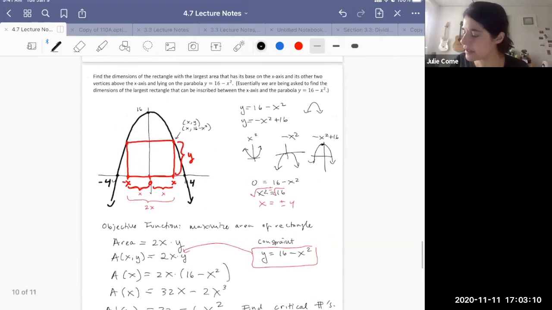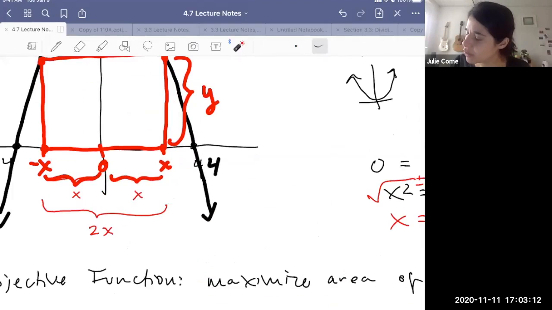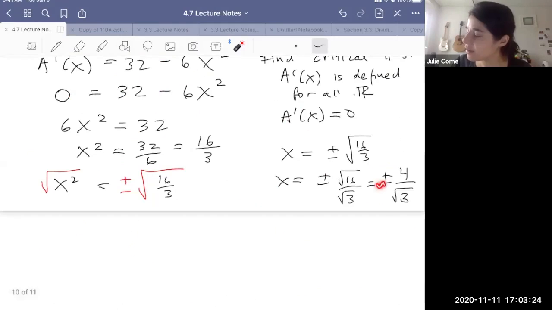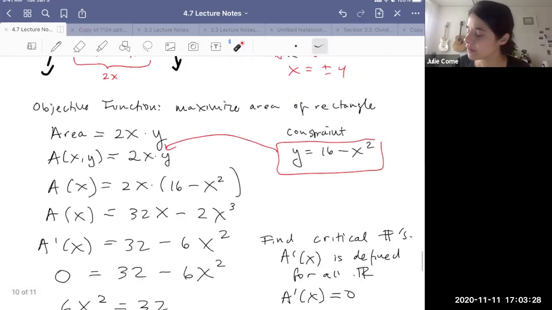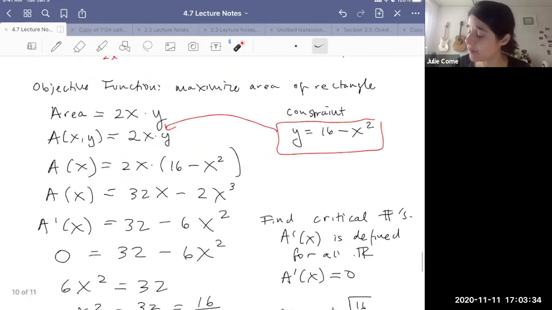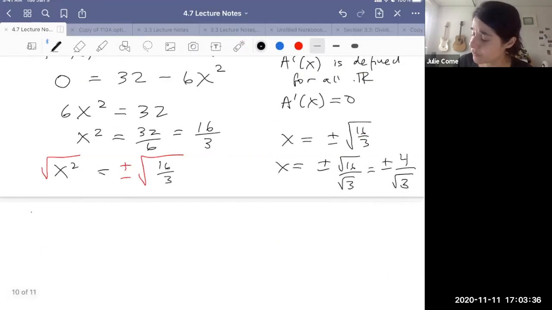Now, if we look back at our picture here, notice that we defined x to be the coordinate on the right-hand side of the y-axis, such that this was a distance of x. So that's going to mean that our negative square root actually doesn't make sense in the context of this problem, since x is clearly going to have to be a value between 0 and 4. Basically, x has to be between 0 and 4.